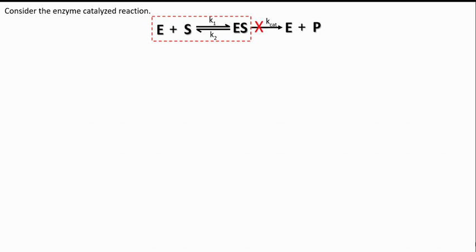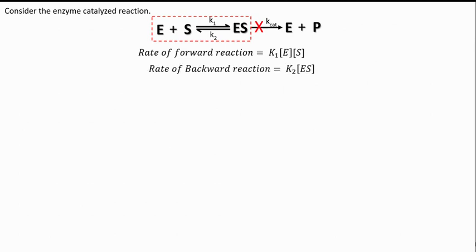Because products are not formed, we don't expect ES to break down to products. Now, let's look at the rate of forward reaction, which is K1 multiplying E and S. The rate of backward reaction is K2 multiplying ES.